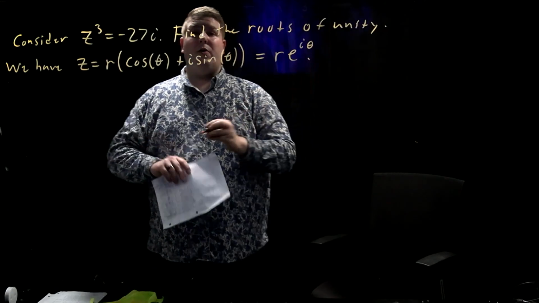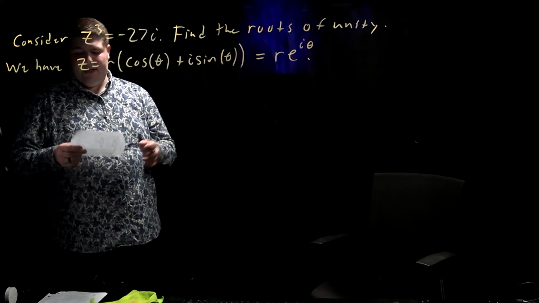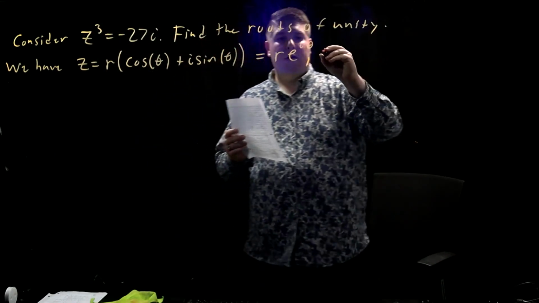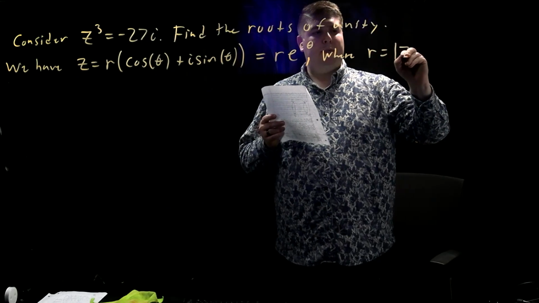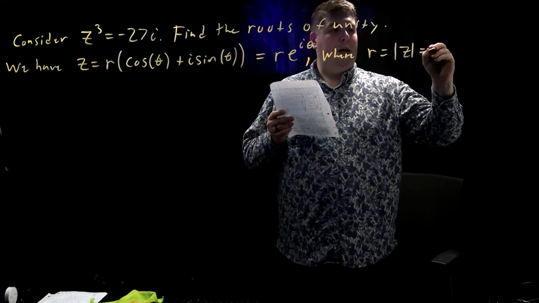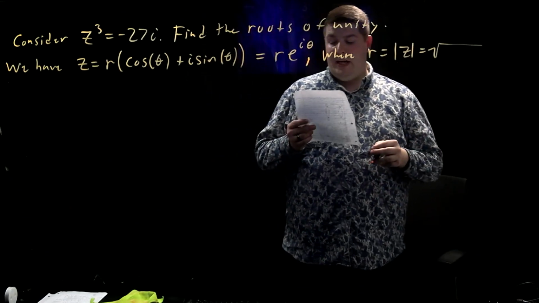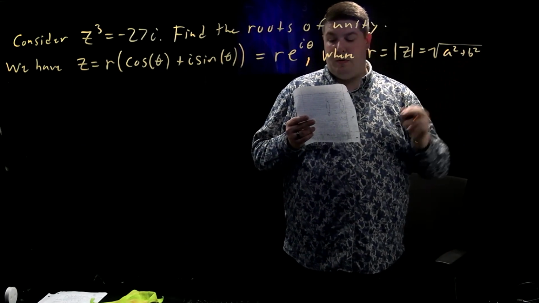Okay? I don't know if you've ever seen that before, but it's a true fact, right? Where r is equal to the absolute value of z, which is sometimes called the norm of z, which is just the square root of a squared plus b squared.